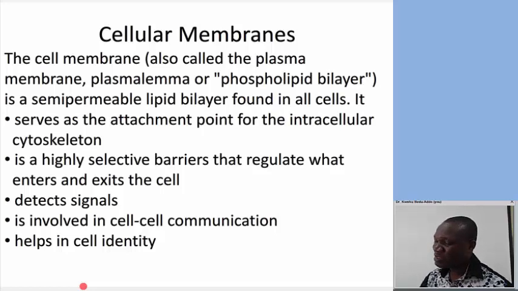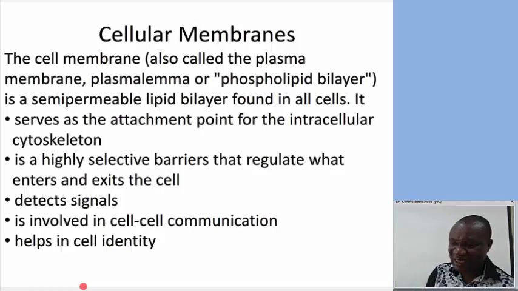For instance, we know of blood typing. On the red blood cell membrane are certain proteins which give us a type of blood, so that we are A, O, B, AB, or whatever. So it's because of the cell membrane having these proteins that they are involved in cell identity.